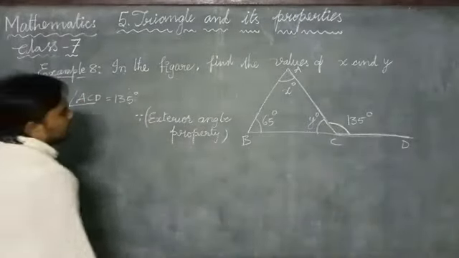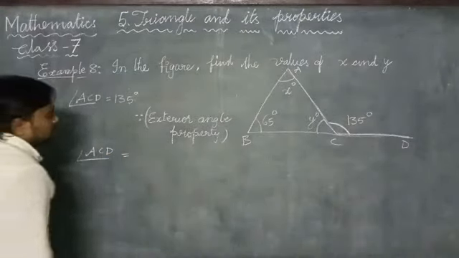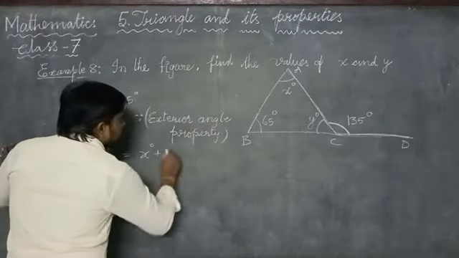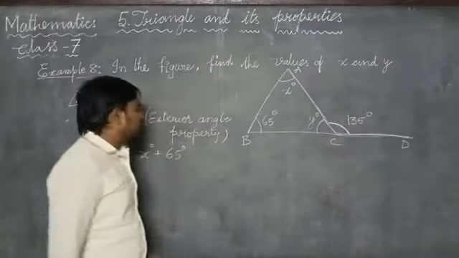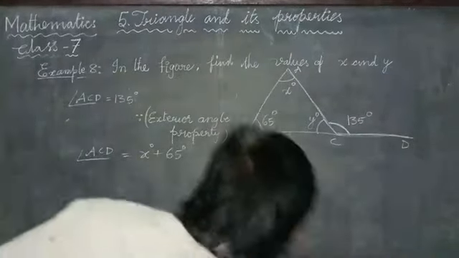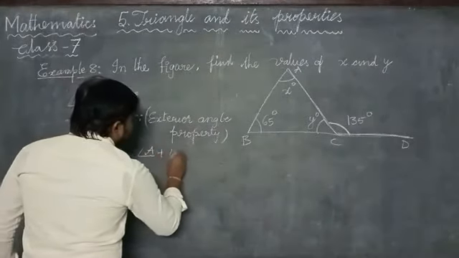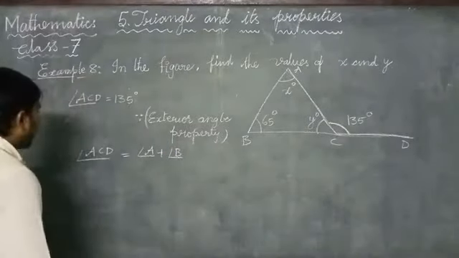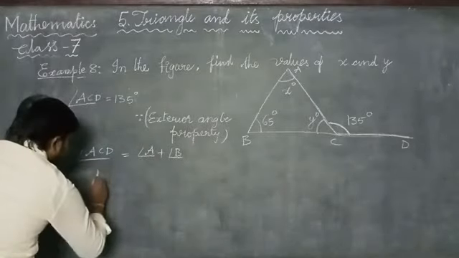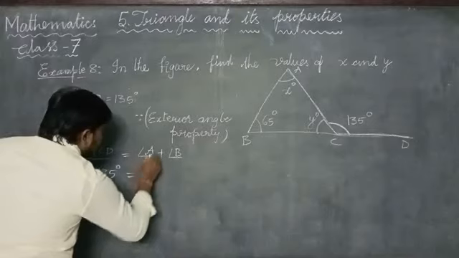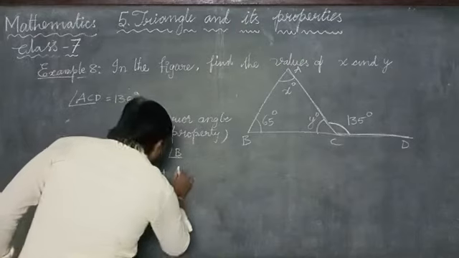From that we can write angle ACD is equal to x degrees plus 65 degrees. These are the two opposite angles. This can be written as angle A plus angle B. Now let us write: angle ACD is 135 degrees, angle A equals x degrees, and angle B equals 65 degrees.